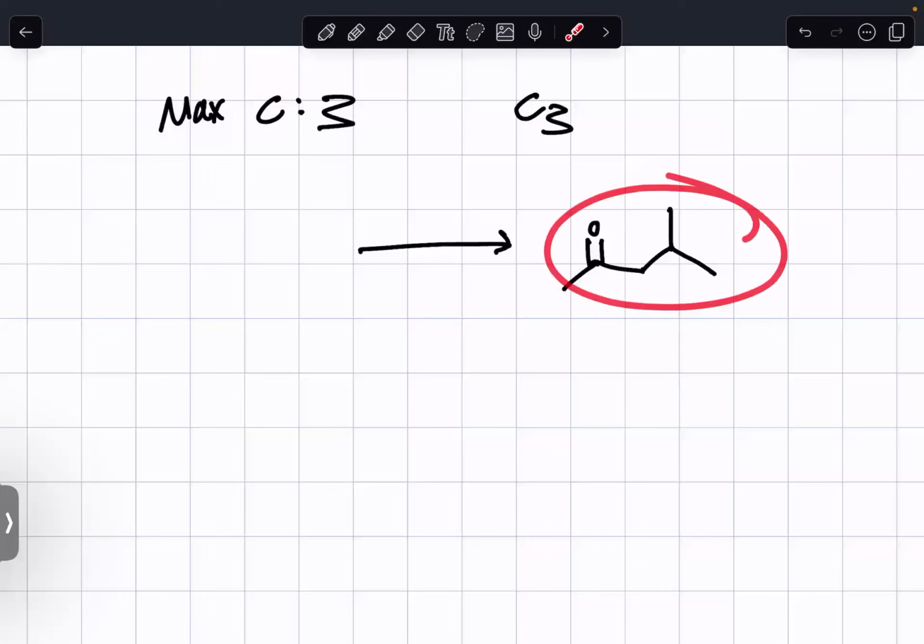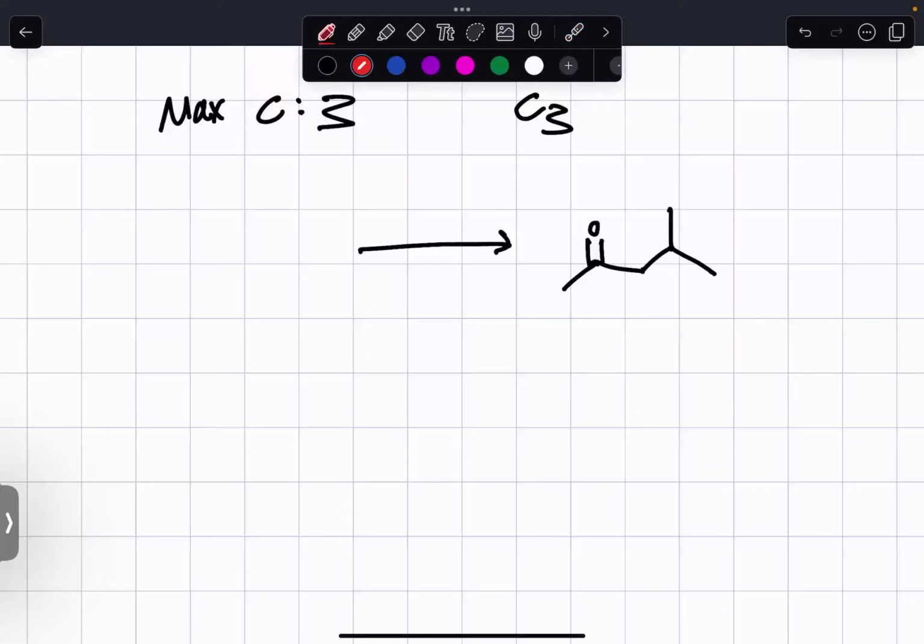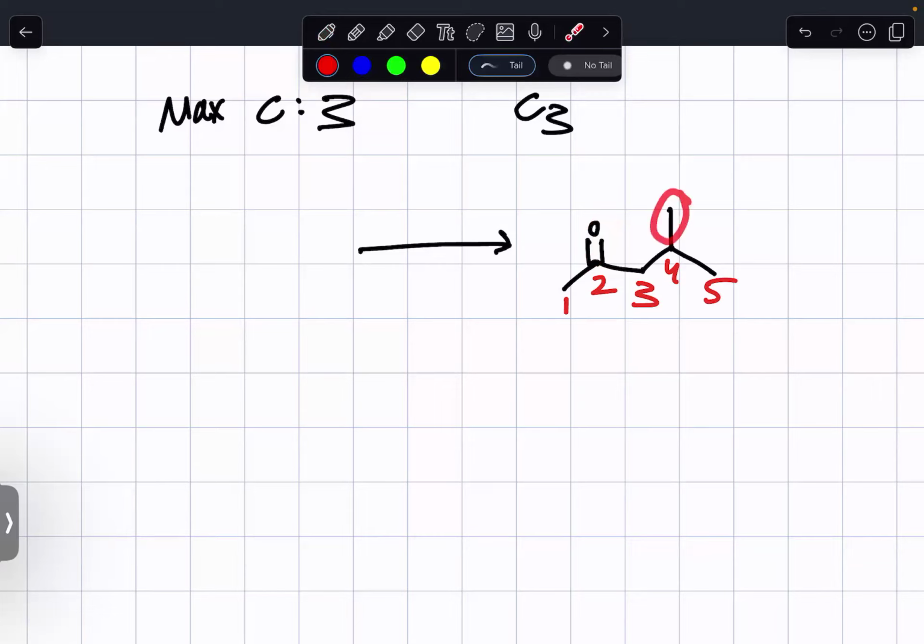This is the product, and we want to create it using starting materials with at most 3 carbons. To first think about this, we see the carbonyl over here, and we can number 1, 2, 3, 4, 5. Notice there's a methyl group on carbon 4.